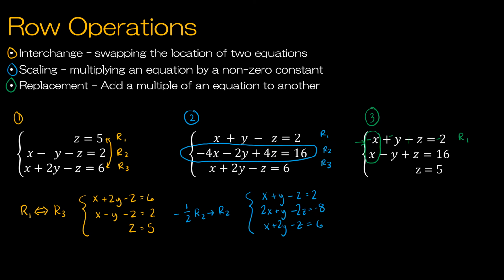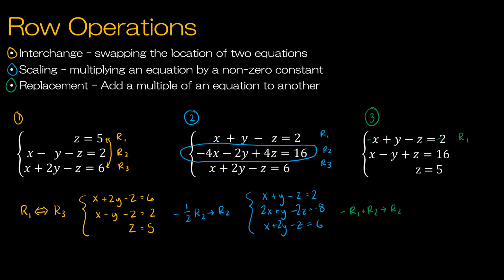So I would say negative row 1 plus row 2 is my new row 2. Now, why do I want it to be row 2? Because I want there to be an x in that first row. I don't want there to be an x in the second row. So I'm going to replace row 2 with the sum of negative row 1 and row 2.